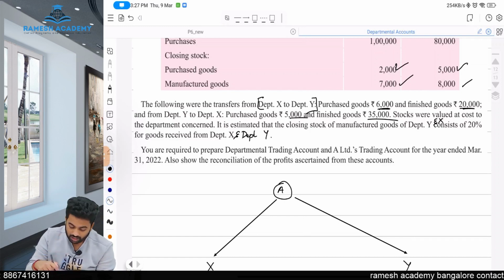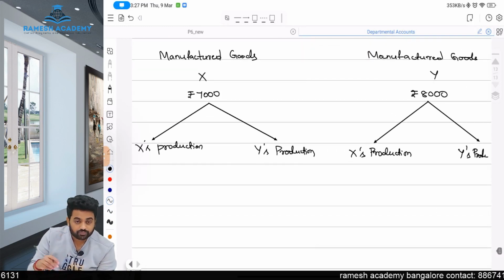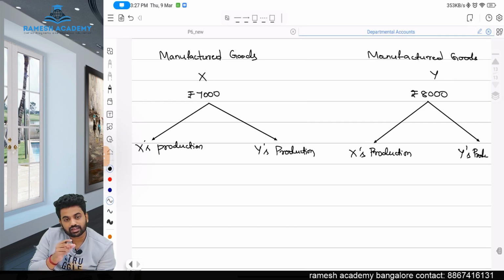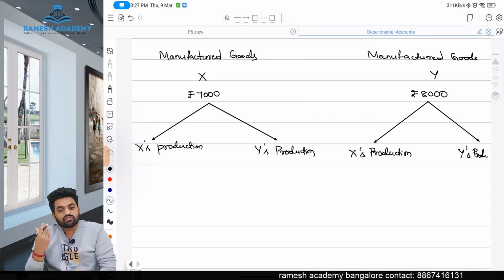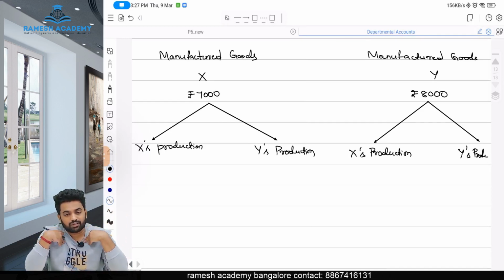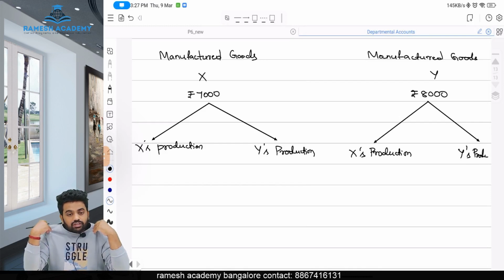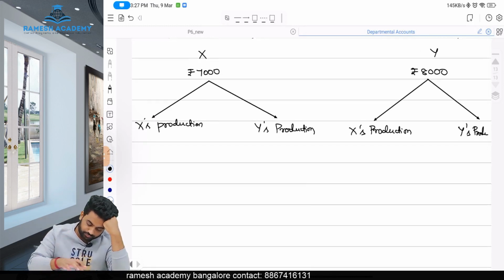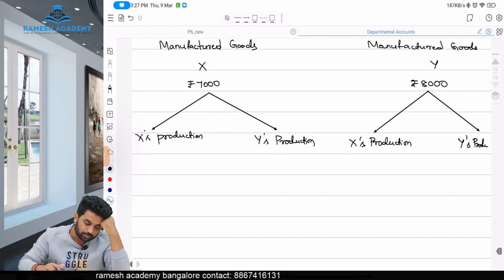Which means out of the closing stock of manufactured goods, 20% is the other department's manufactured goods, and the remaining 80% is ours, which is at cost.